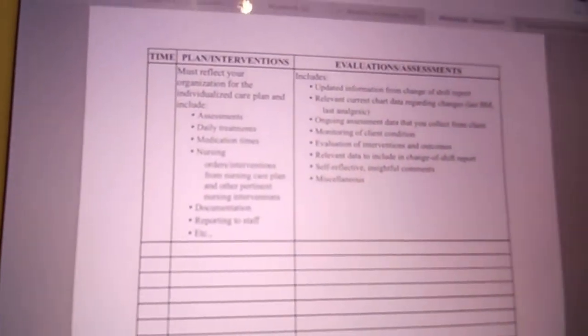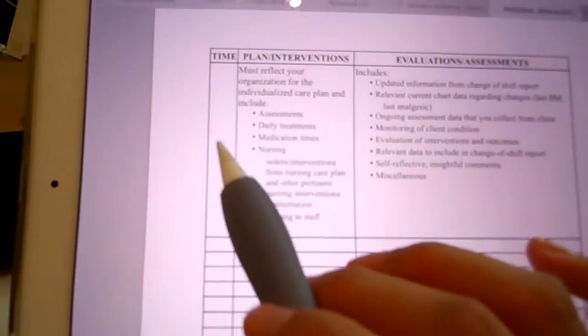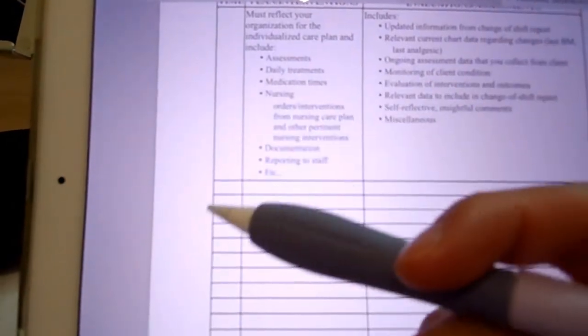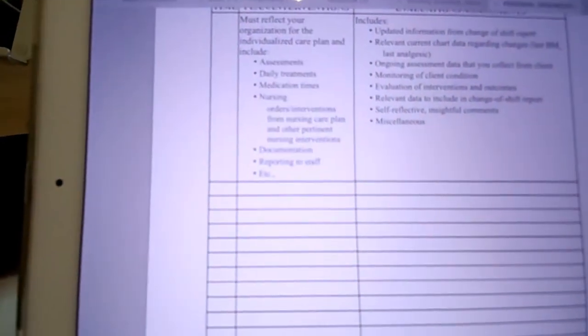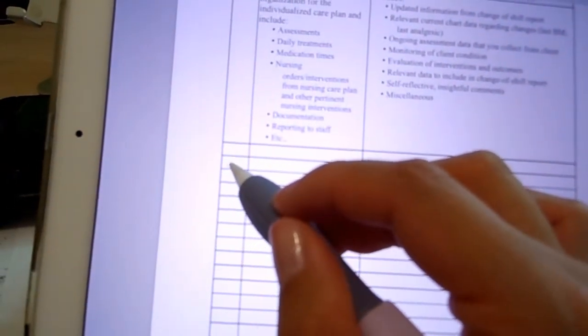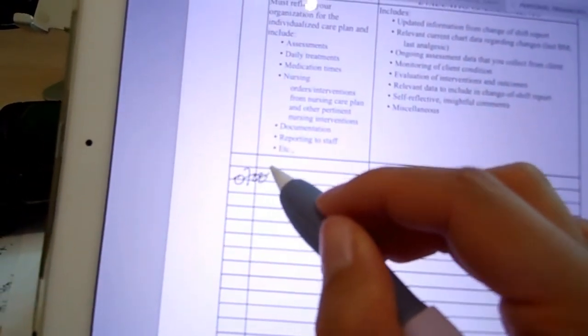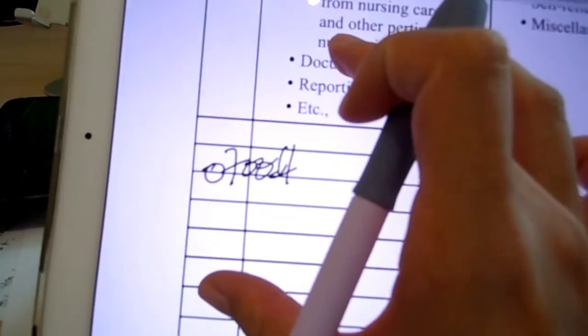So the school expects you to usually go through what you'd be doing and organizing your day before you go to your clinical placement. So let's say that we are starting placement at 700 hours. So I would write in 700 hours here.